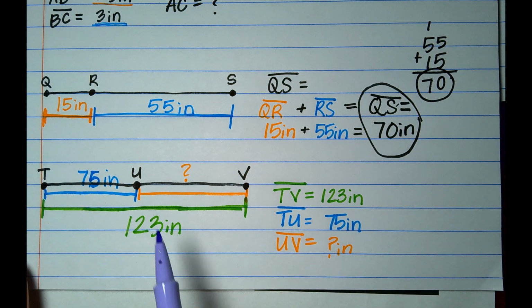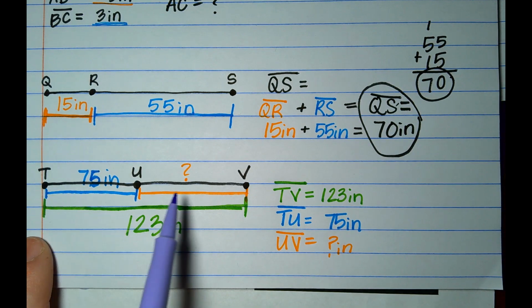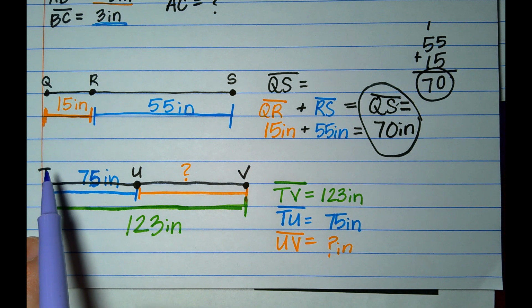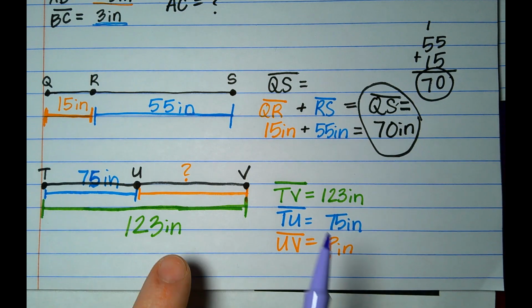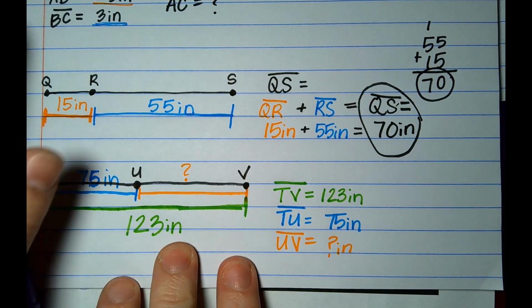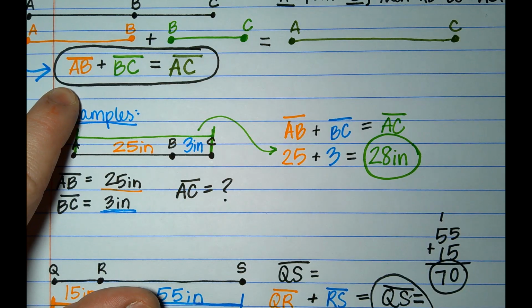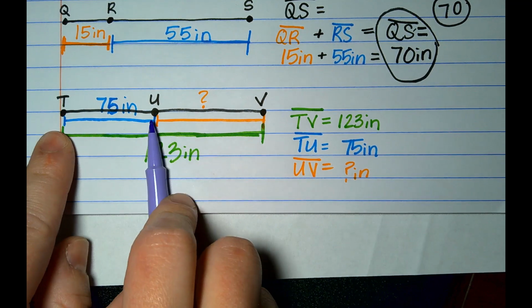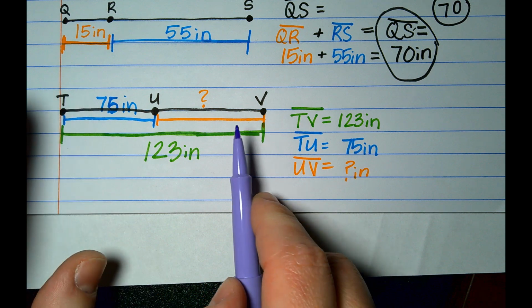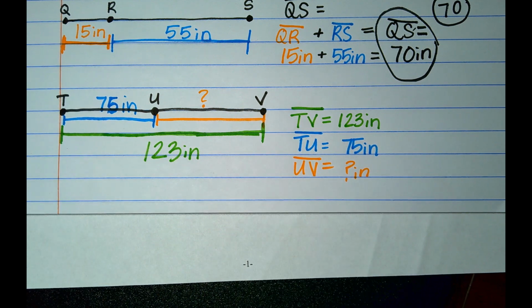So here's what she did. The total amount from T to V is 123 inches, okay? So we're going to kind of look back at that segment addition postulate. AB plus BC is AC. Well, TU plus UV must make TV, right?